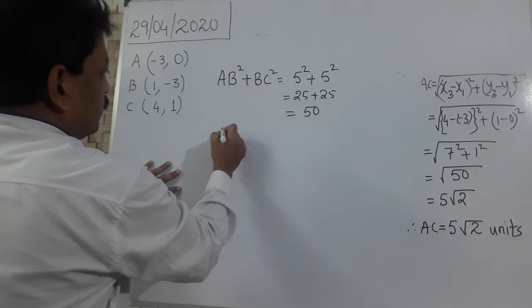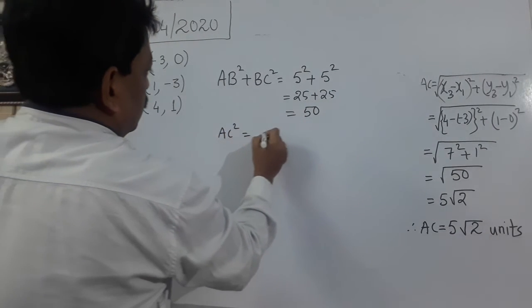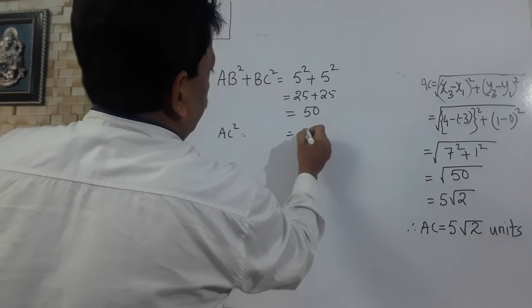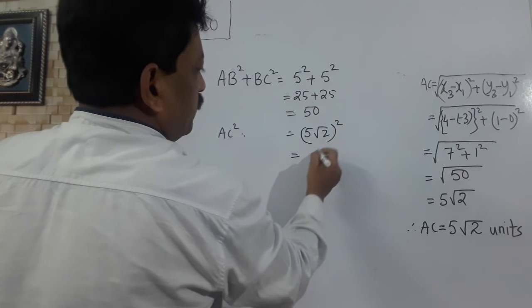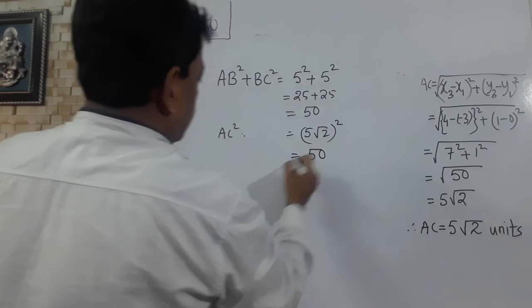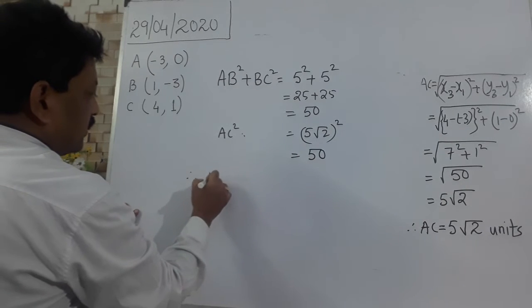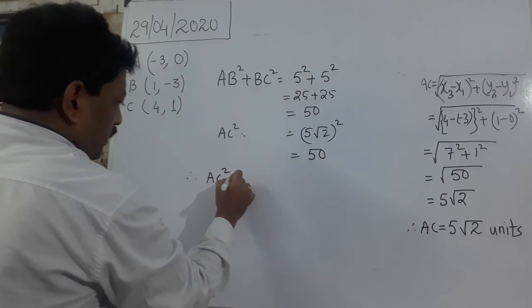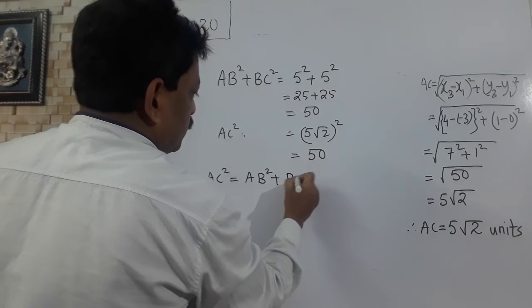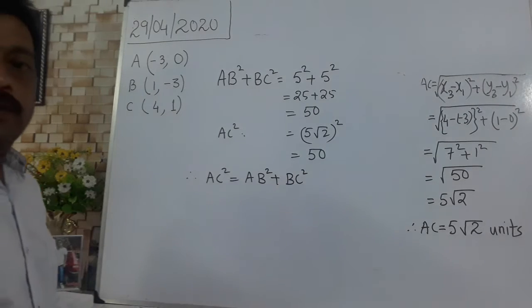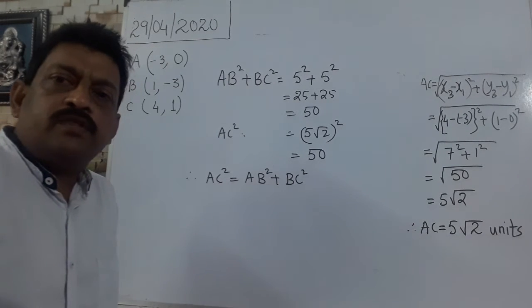And AC square is 5 root 2 square, which is also 50. Therefore, we can say that AC square is equal to AB square plus BC square. That is, the Pythagoras theorem has been satisfied here.